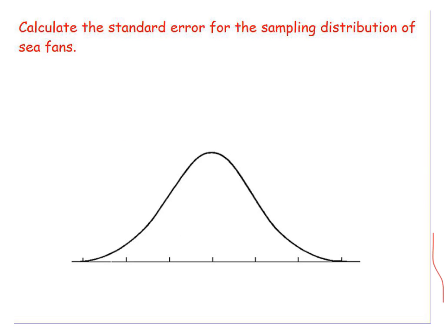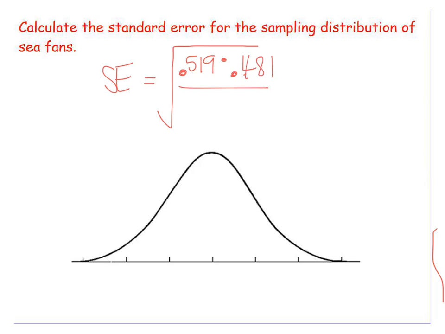So let's calculate the standard error for our CFANs. To do that, we need P hat and Q hat, which we already know. So the square root, P hat was 0.519 times, Q hat was 0.481 divided by, and the sample size n was 104.